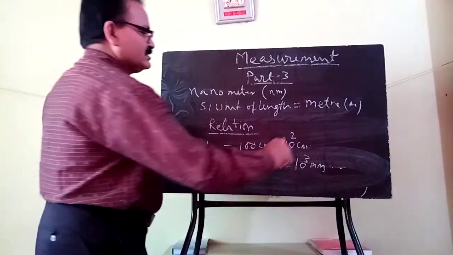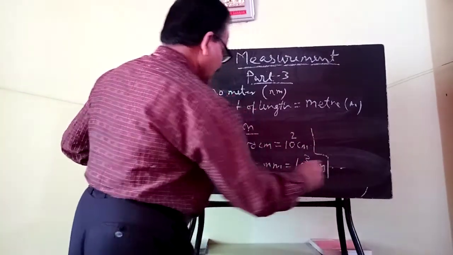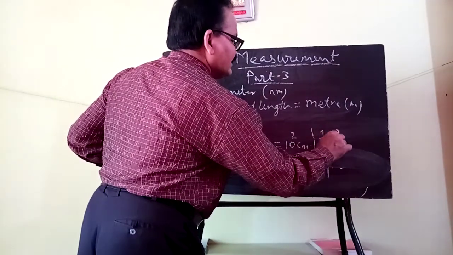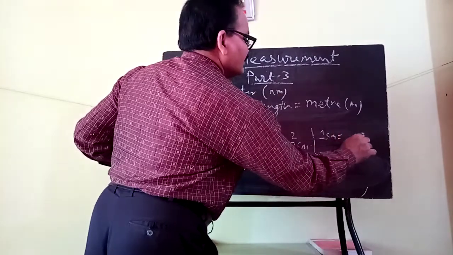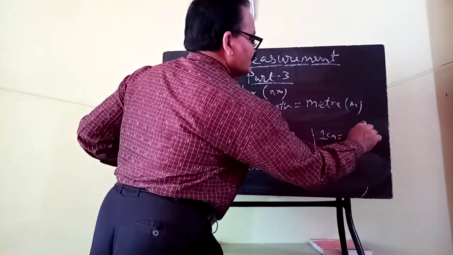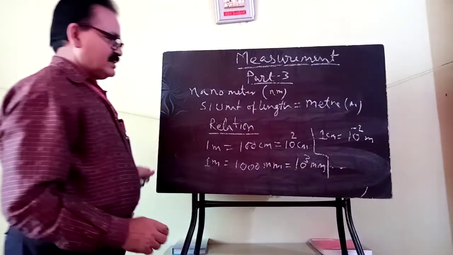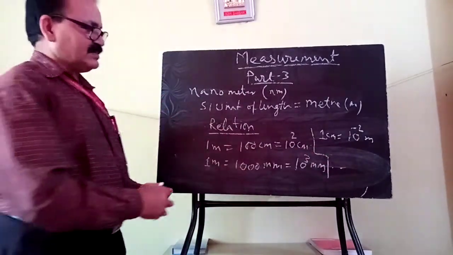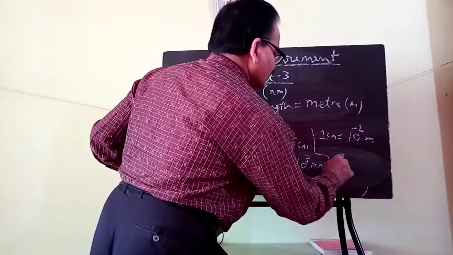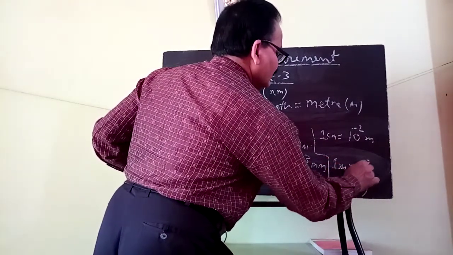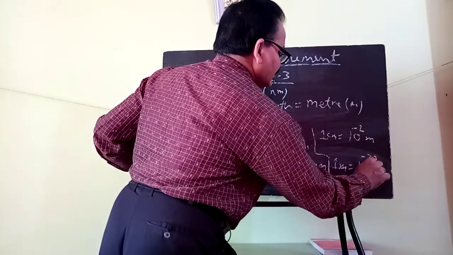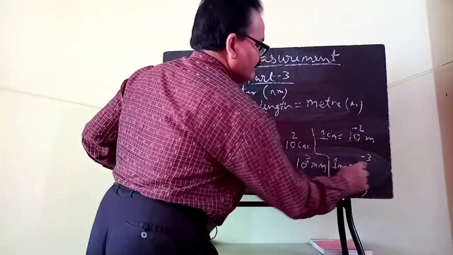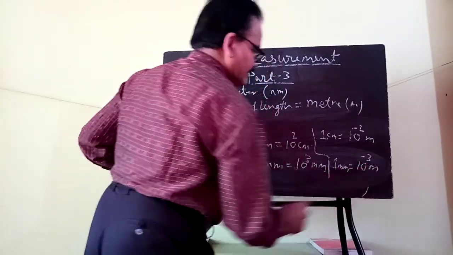So you can express 1 centimeter equal to 10 to the power minus 2 meter, and 1 millimeter equal to 10 to the power minus 3 meter.